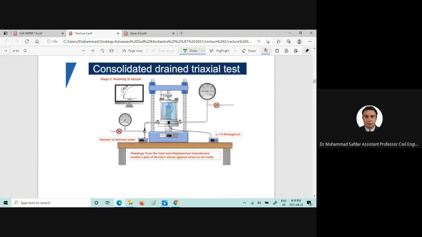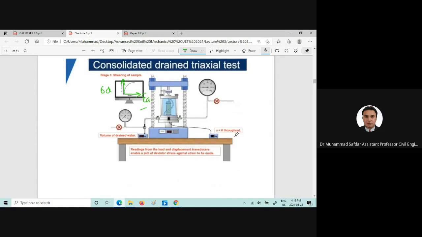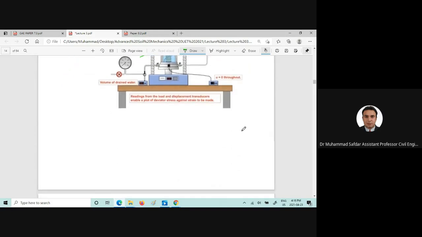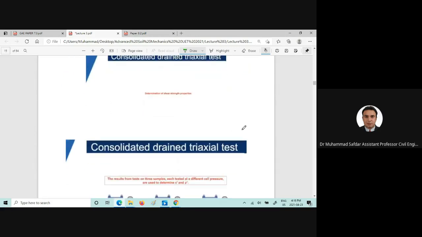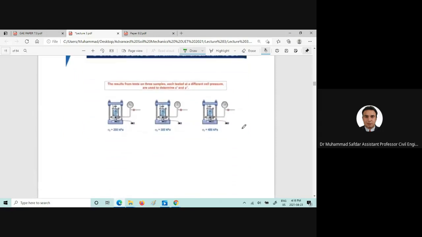We can draw the load-displacement curves, sigma D and epsilon A, and we can determine the shear strength parameters. So that was one test which we performed for sigma 3 equal to 200 kilopascal. Now we can repeat the same process for 300 kilopascal, and for 400 kilopascal.